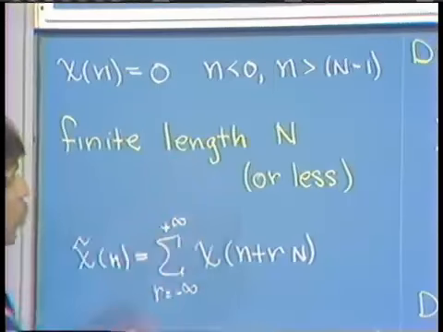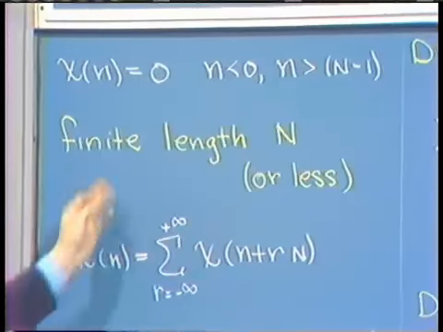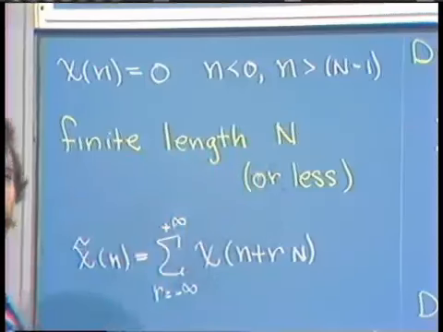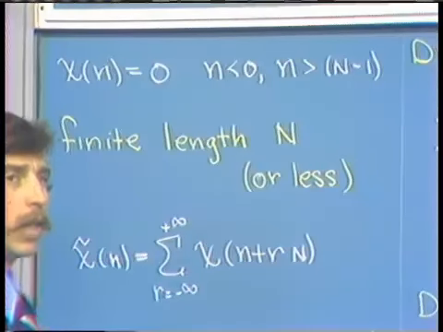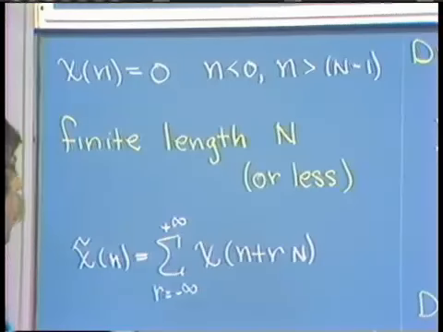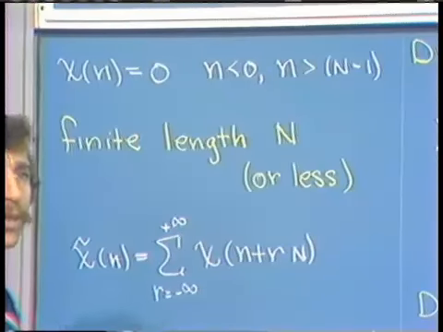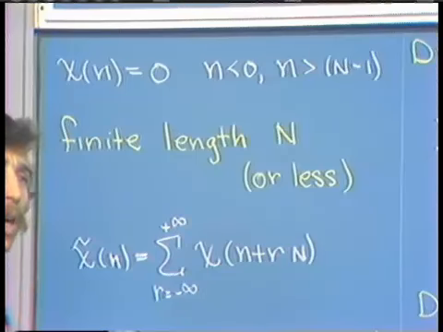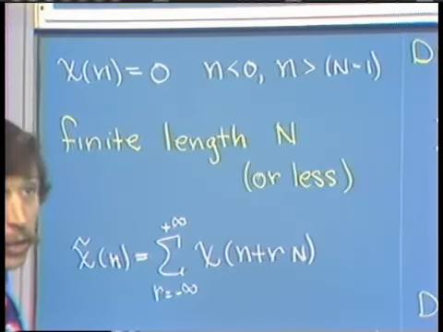We stressed also the fact that if the sequence is considered of finite length capital N, then it can also be considered of longer length than that, or equivalently, the statement that it's of finite length doesn't imply that some of the values in the interval 0 to N minus 1 can't also be 0.